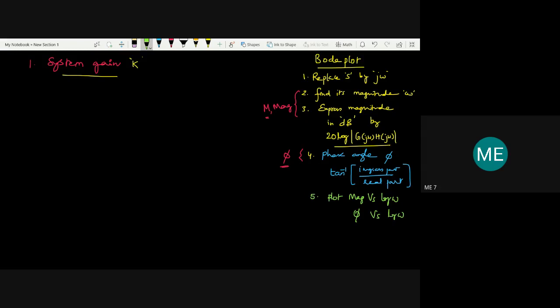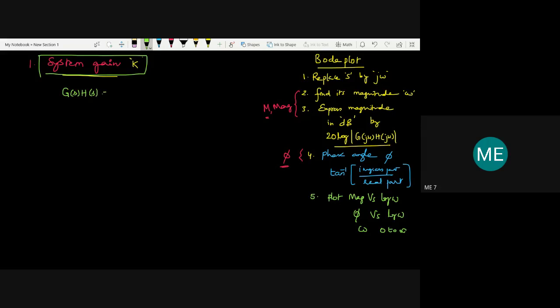Based on that, we are going to plot the Bode plot. So this is for any factor, and we'll be using these four steps.